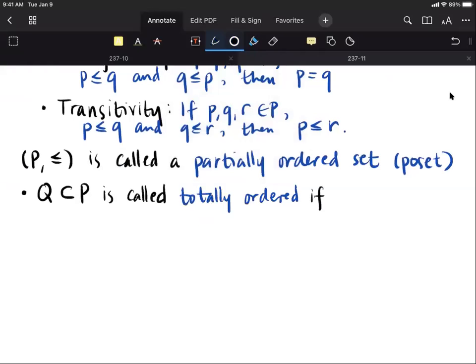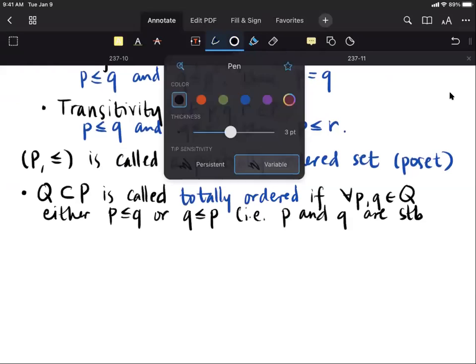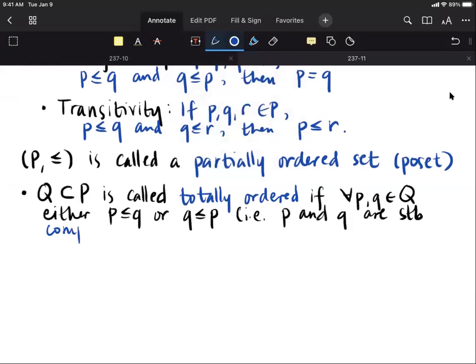That is, for every p and q in the subset, either p is related to q or q is related to p. So p and q are said to be comparable. So one must be less than or equal to the other, or one must be related to the other.